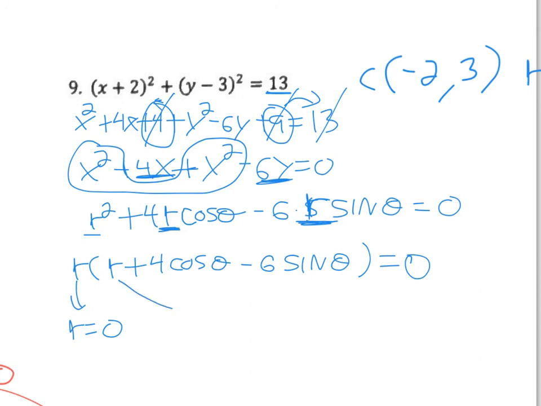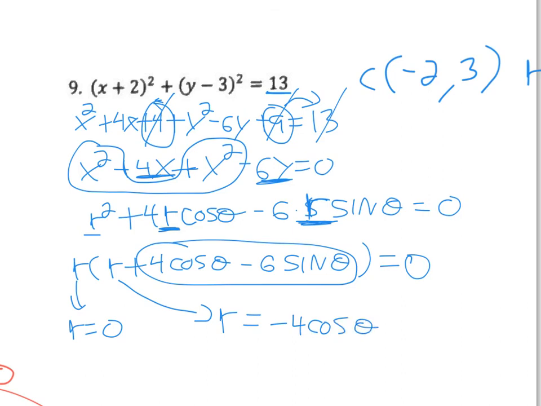Now, when you solve for r here, you wind up just taking the opposite of these. So it's going to wind up being -4 cosine of theta plus 6 sine of theta. That's really going to be our polar equation, which is going to give us this circle.